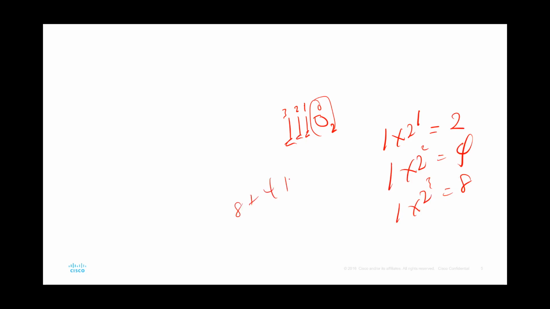This one will be 1 multiplied by 2 raised to the power 1, which is 2. The next one is 1 multiplied by 2 raised to the power 2, which gives us 4. The last one is 1 multiplied by 2 raised to the power 3, which gives us 8. 8 plus 4 plus 2. 8 plus 4 is 12. Plus 2 is what?